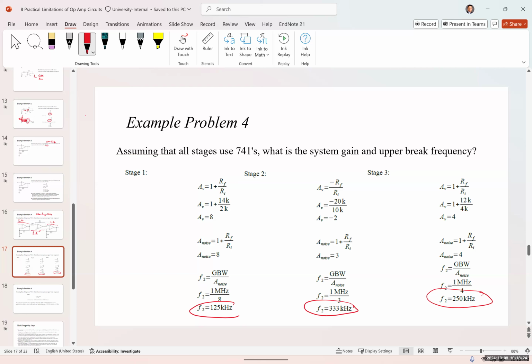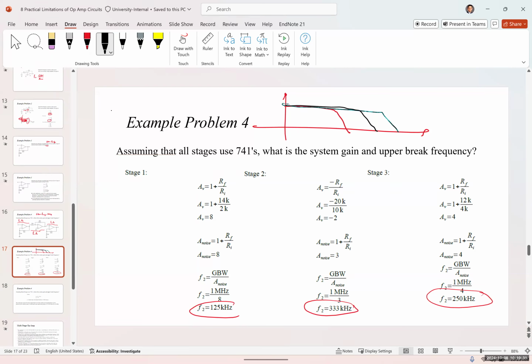So what we're going to have is this: one stage is 125 kilohertz, the second stage is 333, and the third stage is 250. Any frequency above this 125 is already cut off by this stage, so it's not going to work.